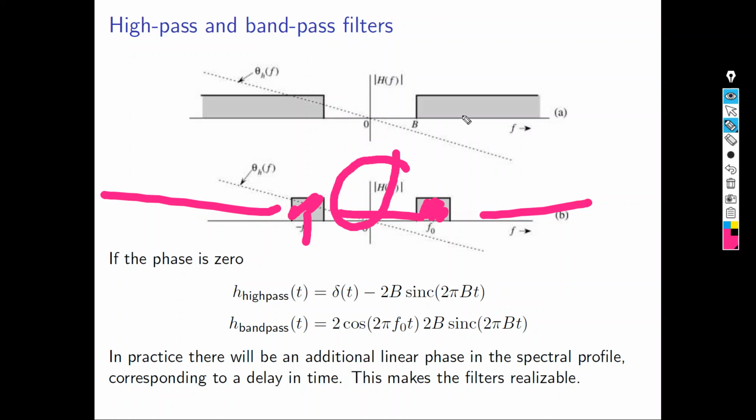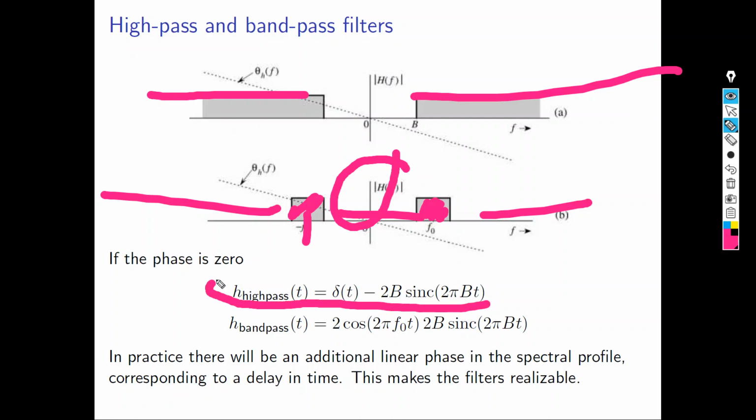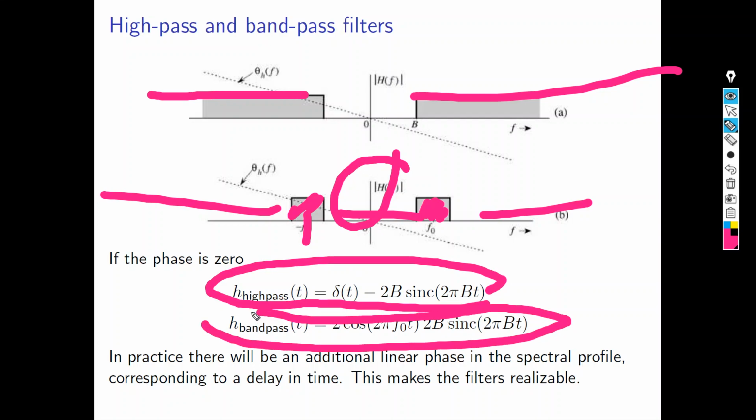If it is a high pass filter, it cares only about after a certain frequency: it passes all the signals above, but below that it doesn't pass. This is the mathematical formula of each one, the high pass and the band pass. This is by math, and this is by drawing and explaining in words.